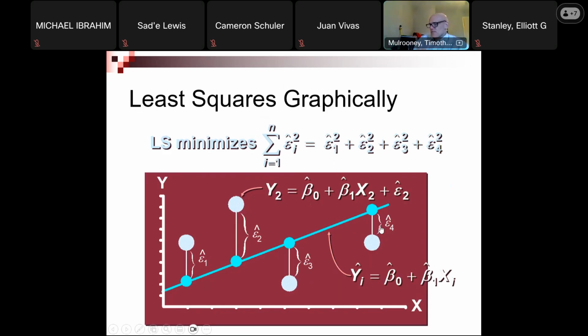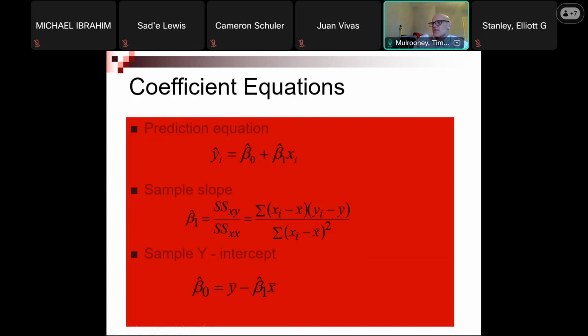That's typically a multiple regression, where it runs multiple scenarios, thousands, millions of times, so that we can minimize this offset right here. So we have a prediction equation, we have our slope, we have our sample y-intercept. This is how we calculate them. This starts to ring a bell, doesn't it? Okay, the x of i minus x bar. What does this x bar stand for?